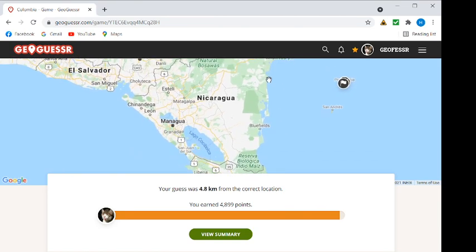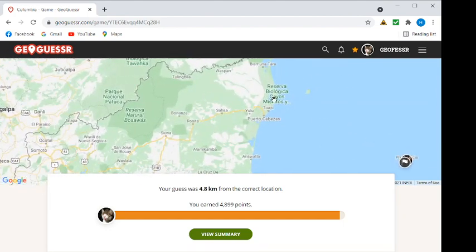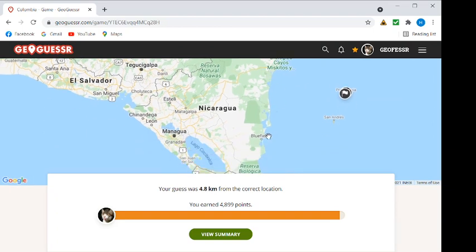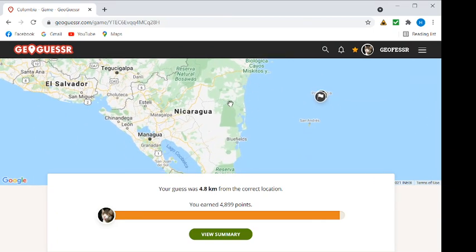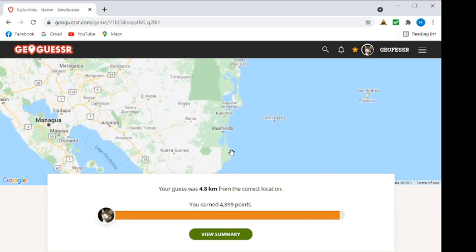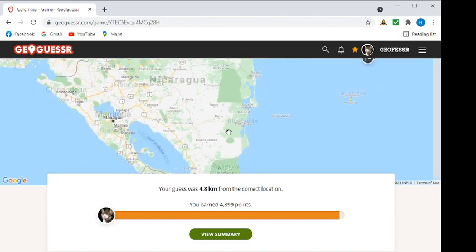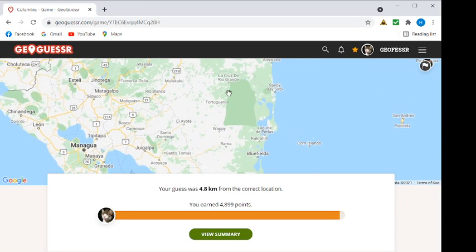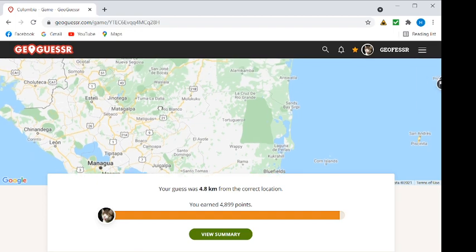So here, Cayos Mosquitos, the Mosquitos were one of these groups of indigenous and African people that the British were attempting to get under their control and not the Spanish. But Bluefields ended up staying with the Spanish, right? There's Managua.